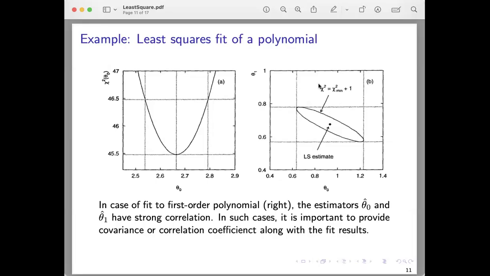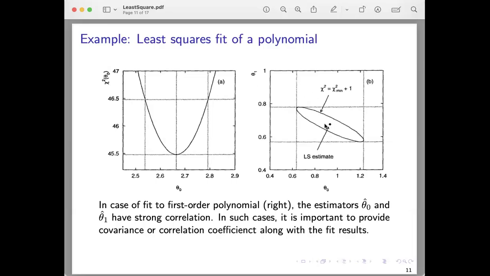In this case, the chi-square increases from its minimum by 1. So this contour represents that. All these points correspond to the two parameters where the chi-square value you get is chi-square minimum plus 1. That gives you the 1 standard deviation contour. And the tangents to this contour give the 1 standard deviation value for these estimators, which we call the errors on theta 0 and theta 1.